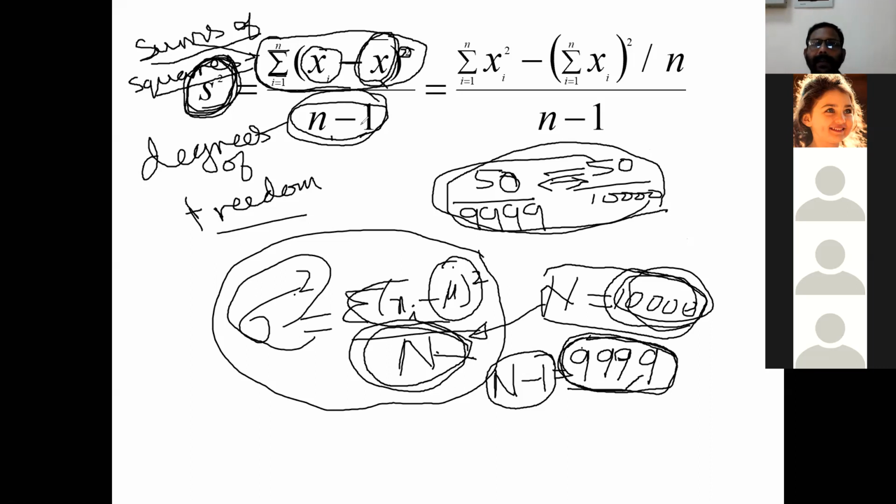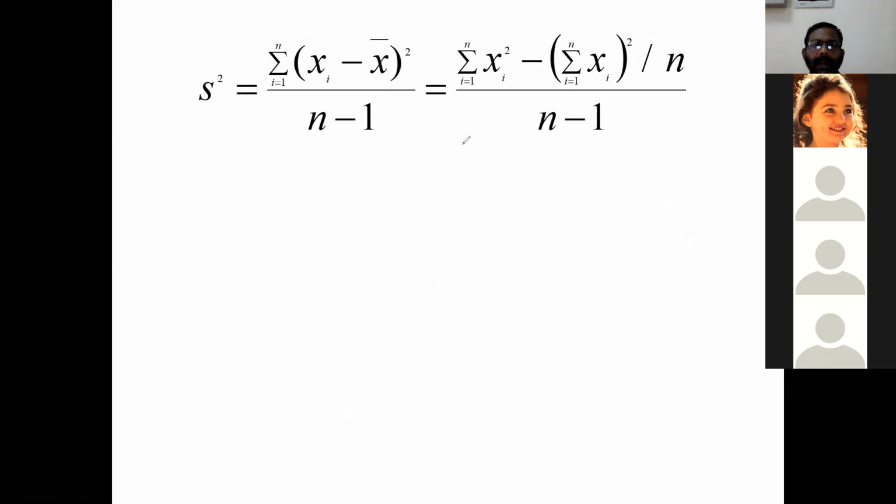I want to talk a little about degrees of freedom, what it is. I hope you have already taken down the notes. What is this degrees of freedom? Can somebody tell me?